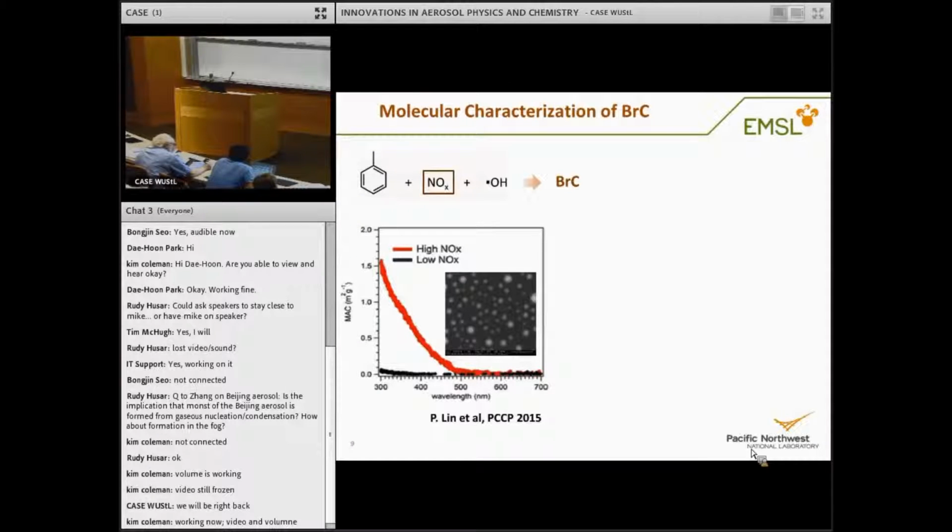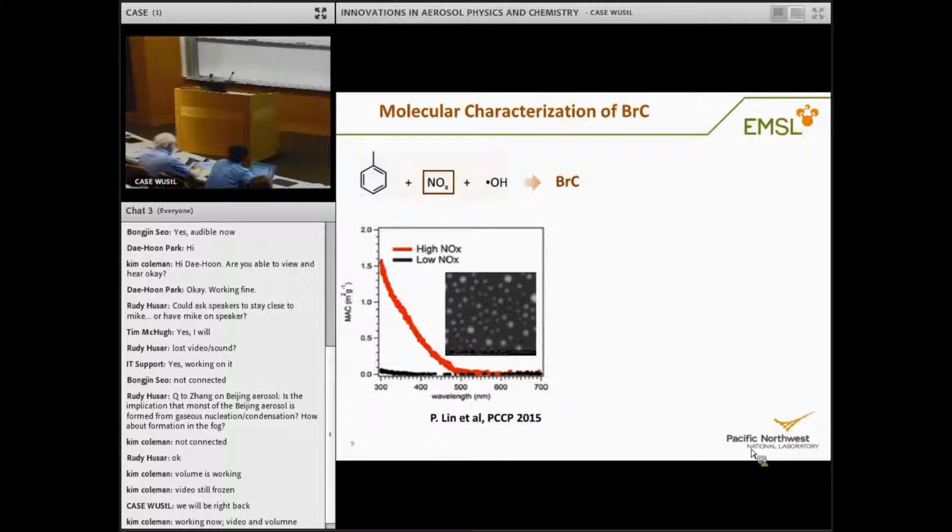At the high concentration of NOx, the resulting SOA from this single precursor has substantial brown carbon properties. This is the plot of the mass absorption coefficient of the material without NOx, the black dots, and with the presence of NOx, shown by red dots.